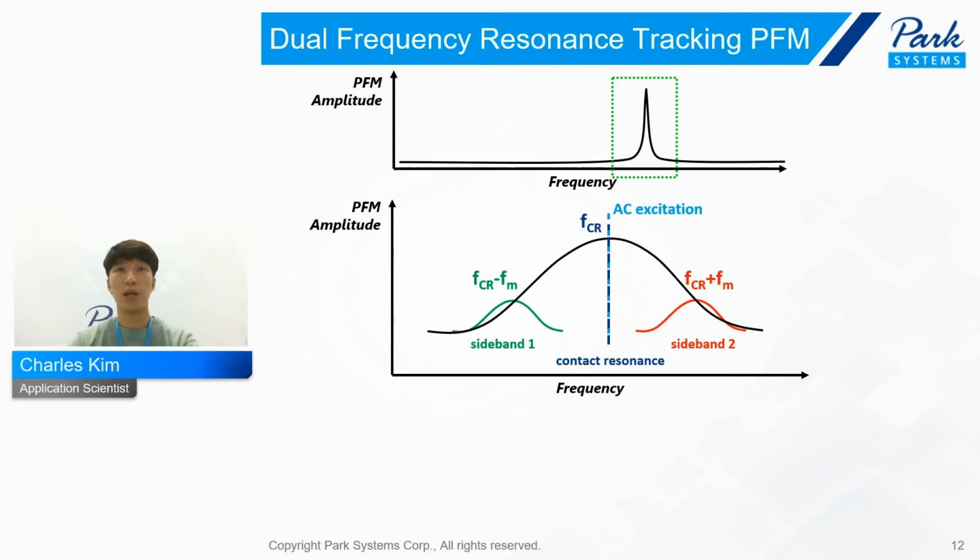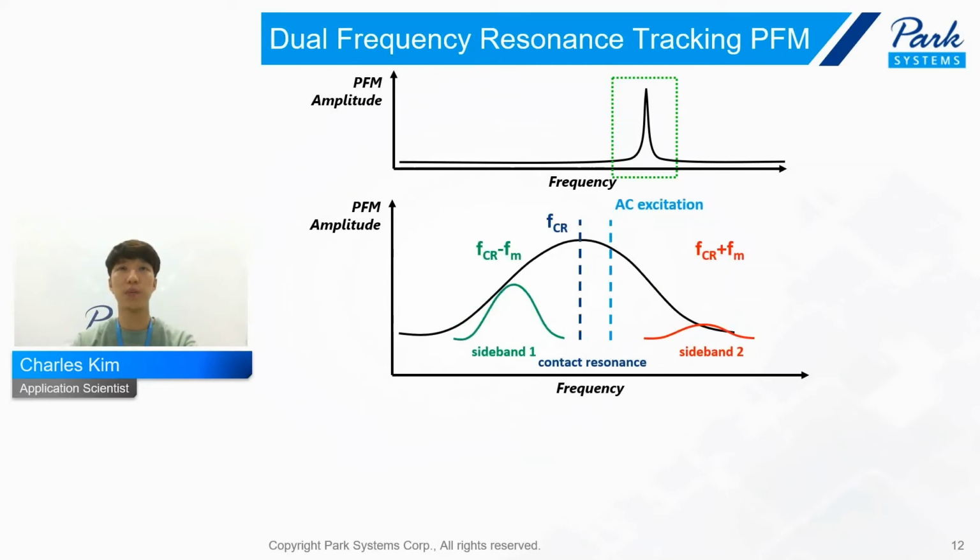Both have the same difference from the center of the resonance frequency, and the system will detect the ratio between sideband 1 and sideband 2.